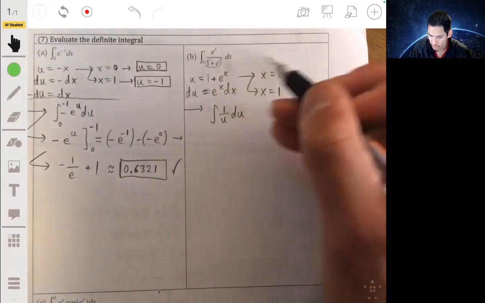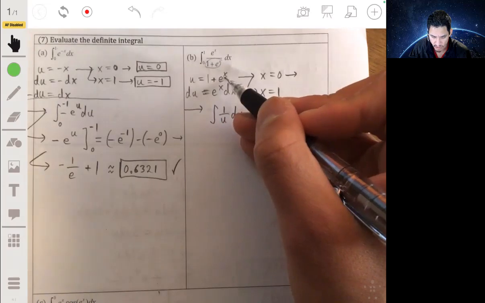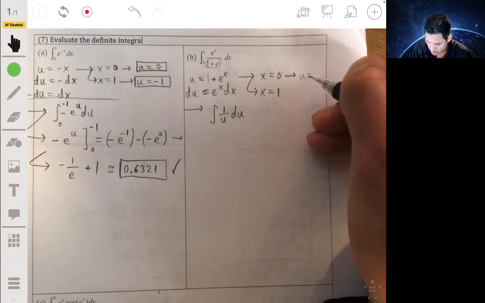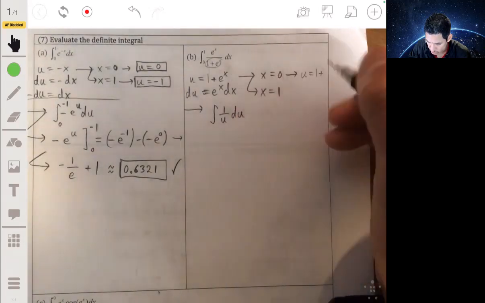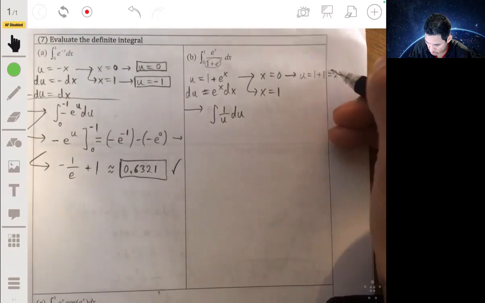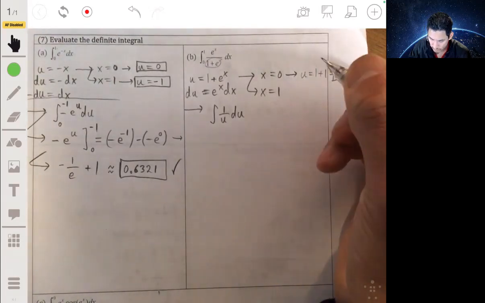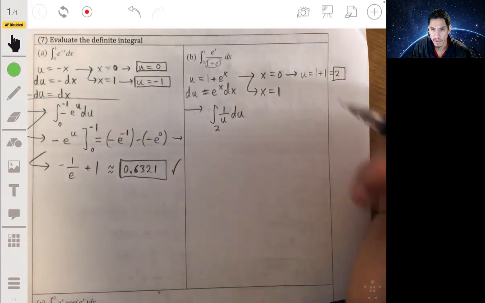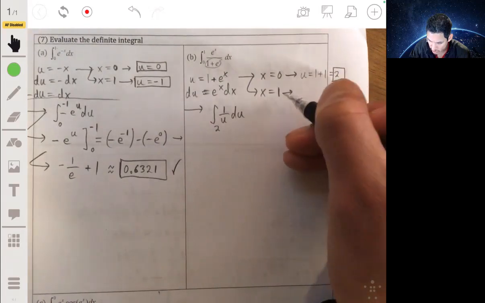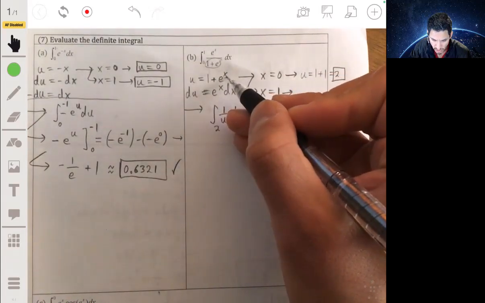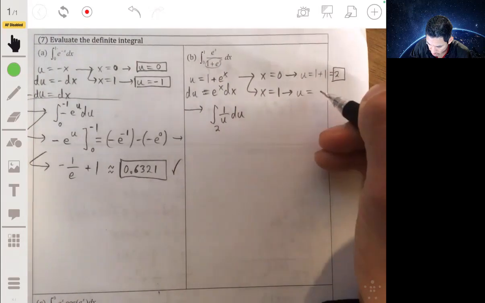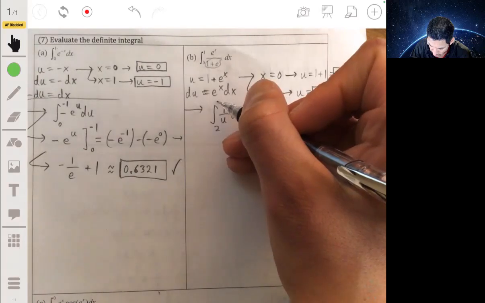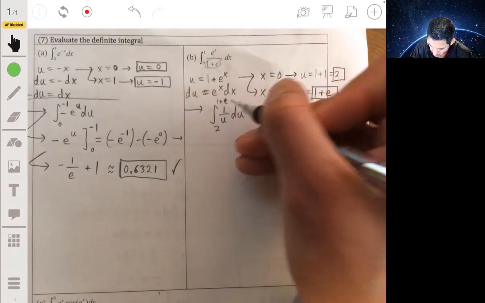When x is 0, u will be 1 plus e to the 0, or 1 plus 1, so u will be 2. So we'll have 2 as the bottom endpoint. And when x is 1, u will be 1 plus e to the 1, or just 1 plus e. Let's leave that as 1 plus e for now. So the top, we're going to integrate from 2 up to 1 plus e.